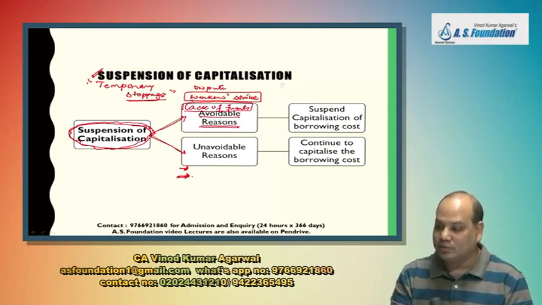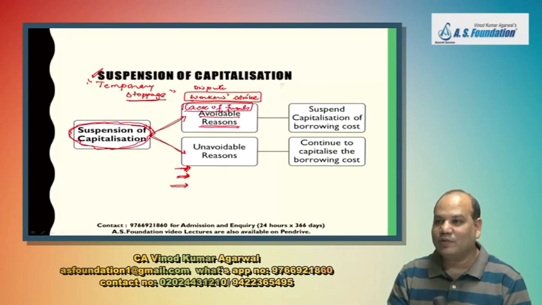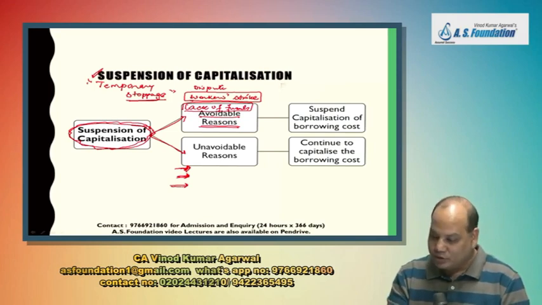That is unavoidable. Next, suppose you are constructing a bridge on a river. The water level has gone up due to excessive rain, so temporarily you have to stop the work. These are unavoidable.